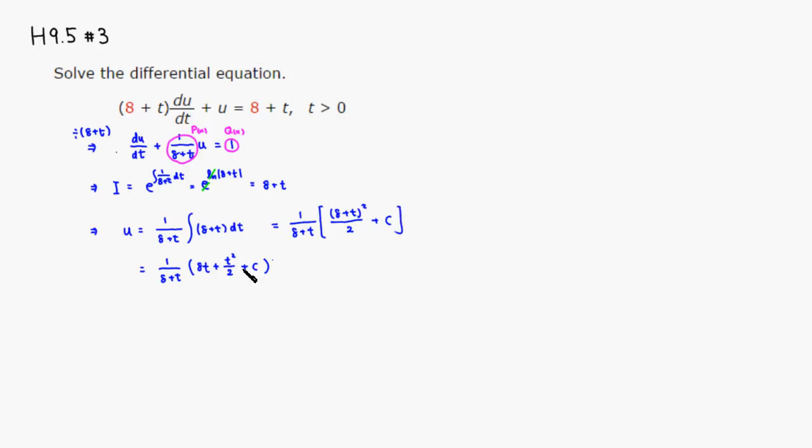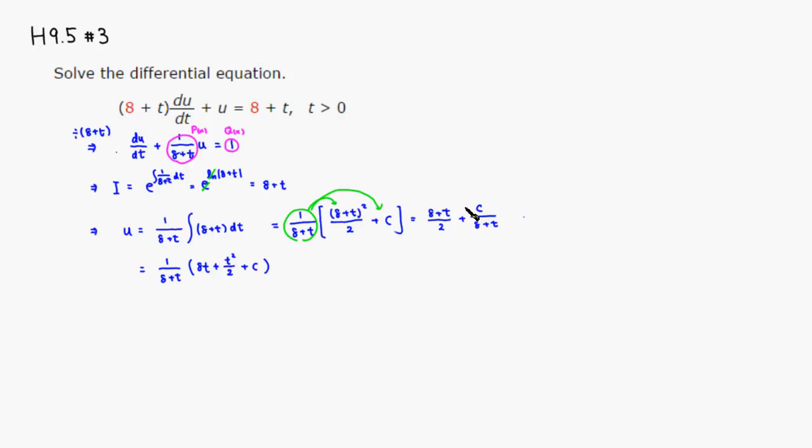This is going to be equivalent to what we had before. Then we can just distribute this to each of these terms. So one of them cancels out, and you have 8 plus t over 2 plus c over 8 plus t. You can do either one.